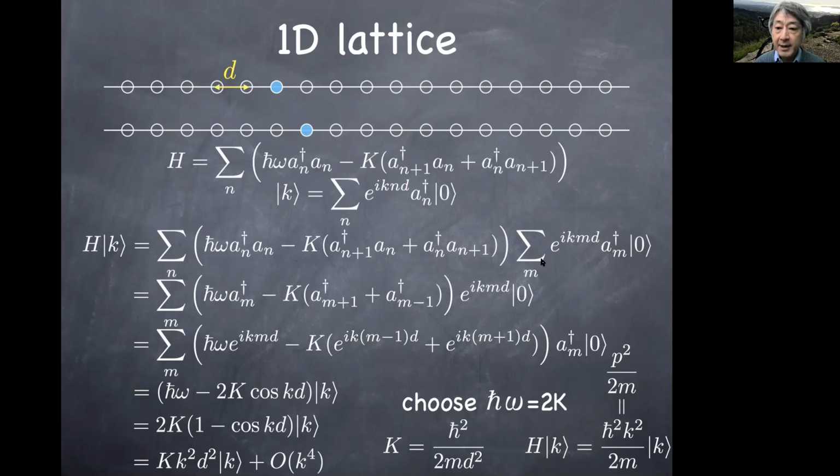So the idea is that here we have a sum both over m that describes the state I prepared and a sum over n that is part of the Hamiltonian. But the only way the term would survive is when this a_m dagger and annihilation operator refer to the same site.